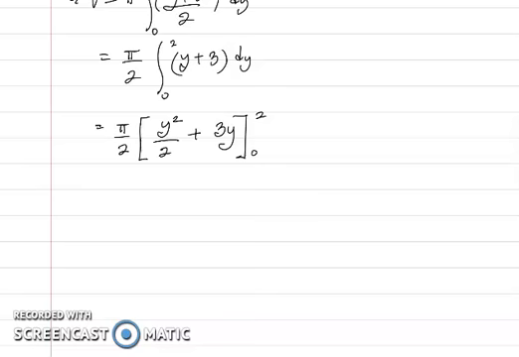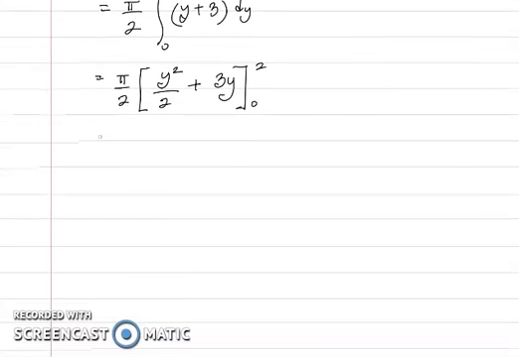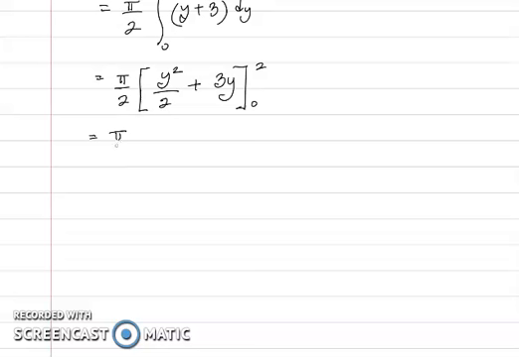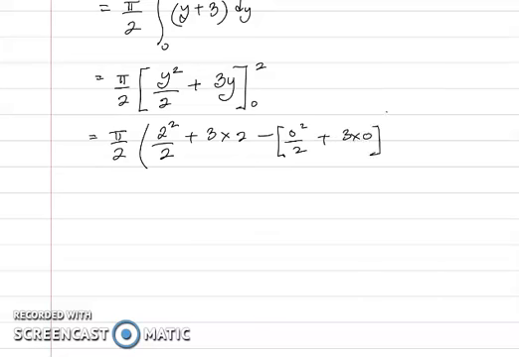First, I'm going to replace y with 2. So this is pi over 2 times 2 squared over 2 plus 3 times 2, minus, then I'm going to replace y with 0: 0 squared over 2 plus 3 times 0. And no matter what you do with that, you'll always get back 0. So the entire right side is gone.